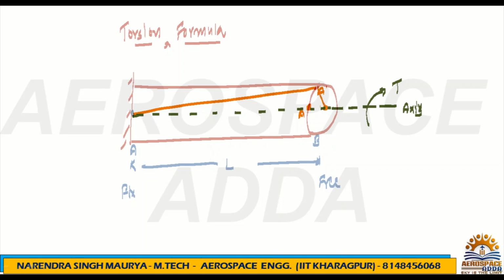Definitely here you will have an angle, and here also an angle. This is phi, and this is theta. Always remember, phi and theta are approximately the same. Derivation is not important, and for the derivation you can go through my recorded videos.